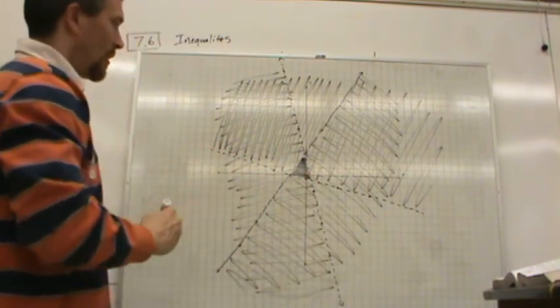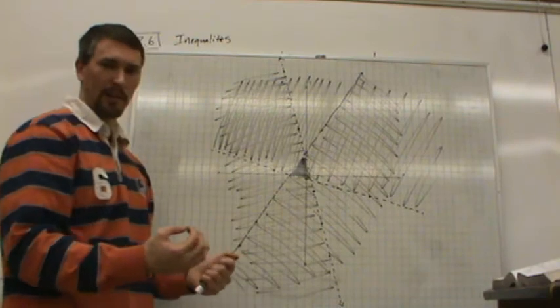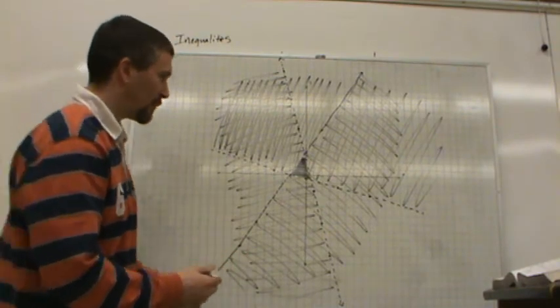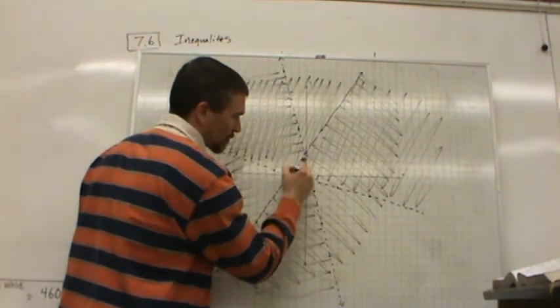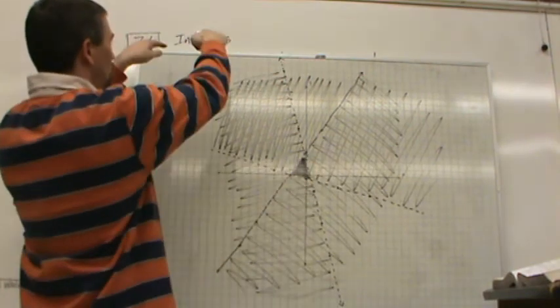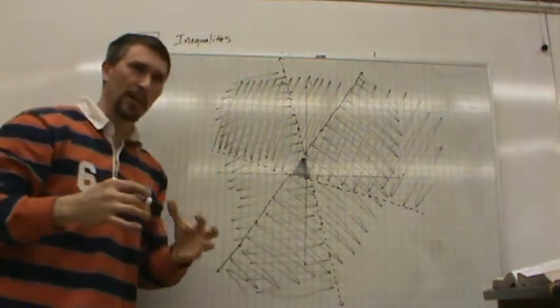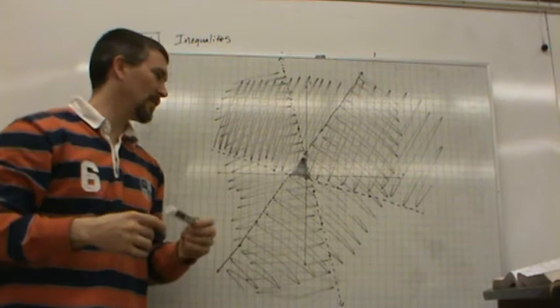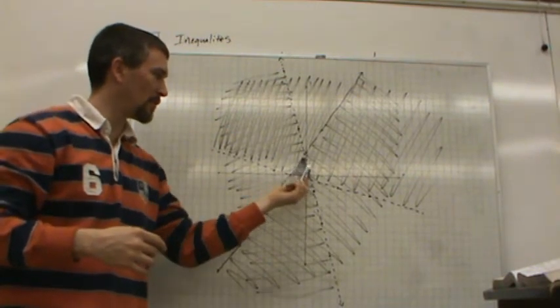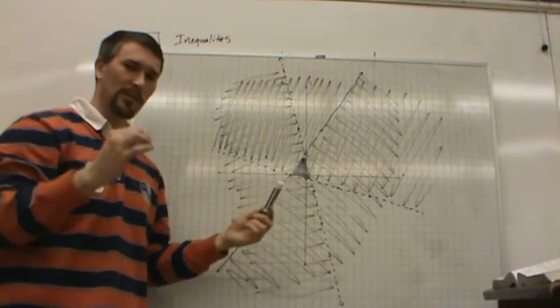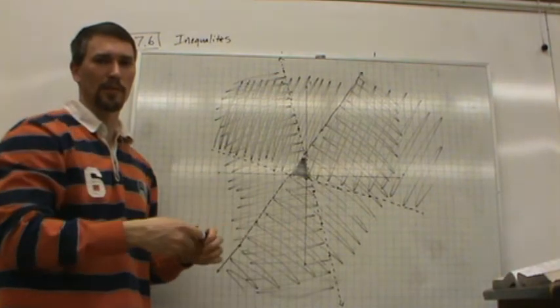So, the grand finale explanation for this is if you take any points that are in this little triangular area and plug them into those equations, you will get a true statement, because these points that are bound by this region satisfy all three of those equations.